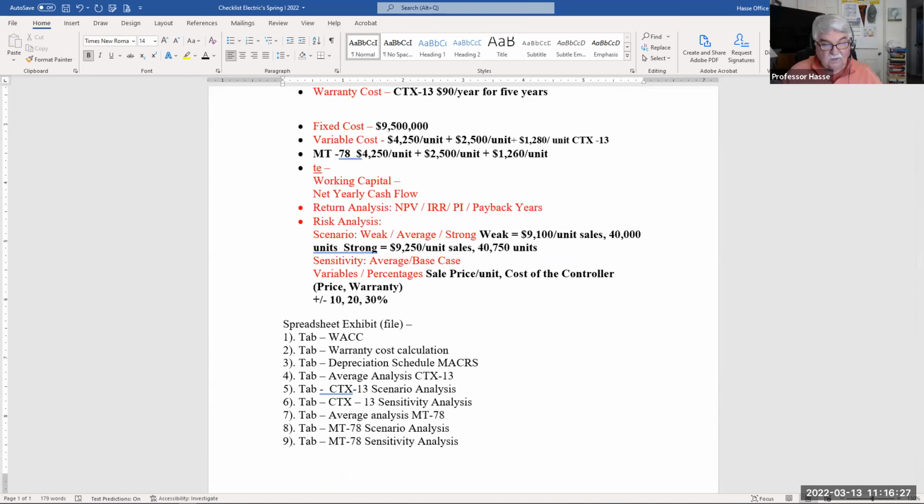So for the warranty cost for the MT78, it's $100 per year per unit for 5 years.